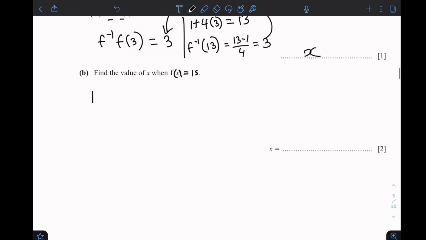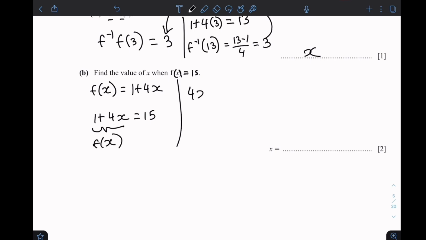Instead, I'll tell you why. Because f of x is equal to 1 plus 4x, right? So you just write 1 plus 4x is equal to 15, right? Because this is equal to f of x. And now you just solve, so it's 4x, which is equal to 14, and x is equal to 3.5.